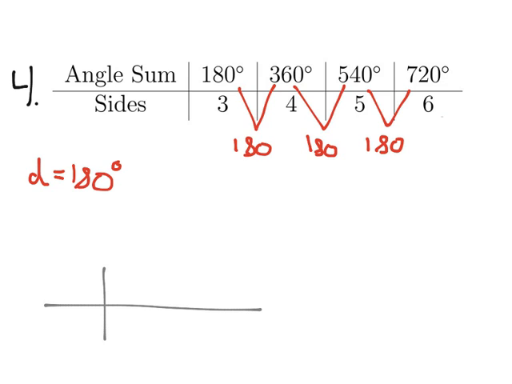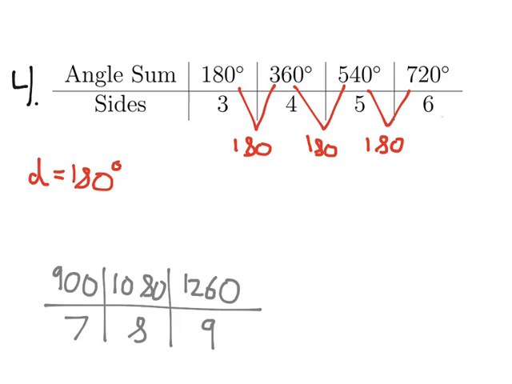And the following sums for numbers 7, 8, and 9 can be done by just adding 180. So 720 plus 180 is 900. Then we get 1080 and 1260.